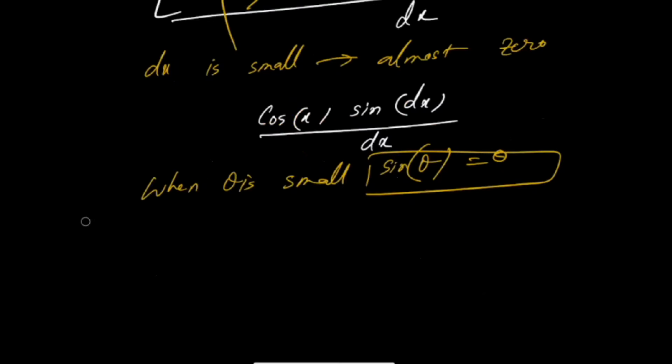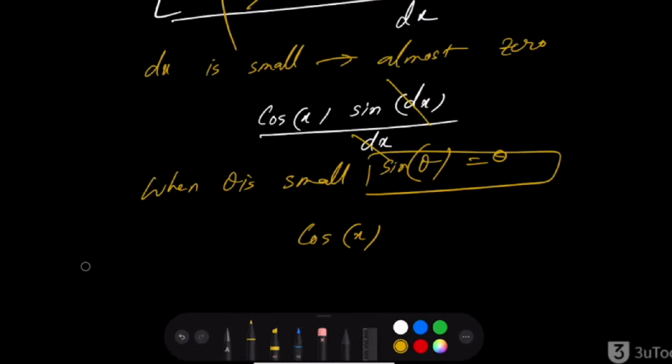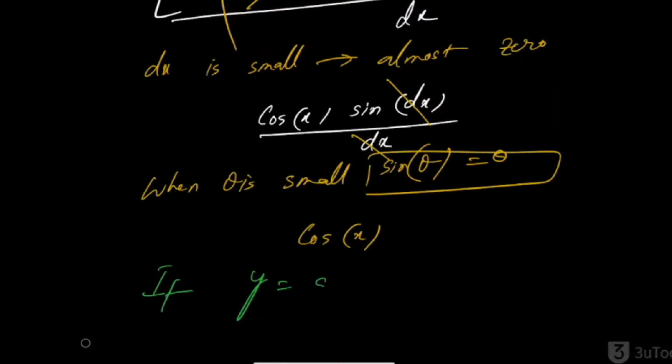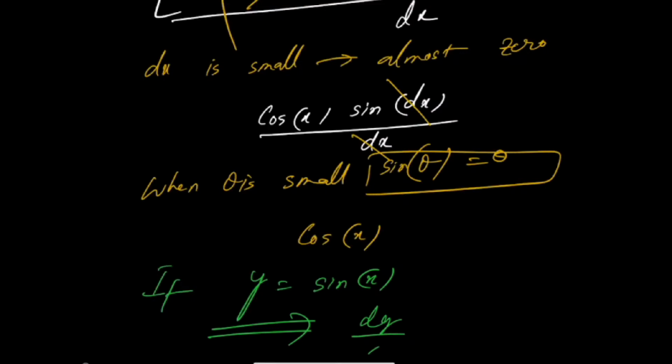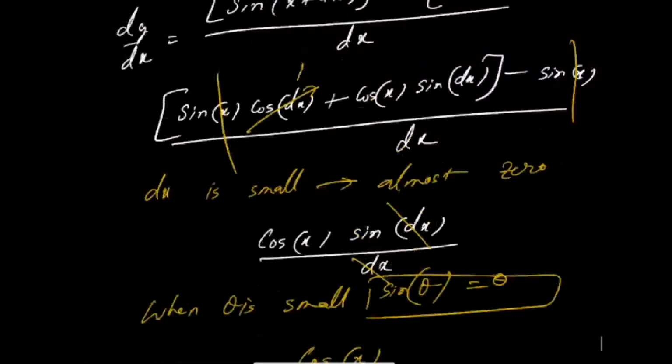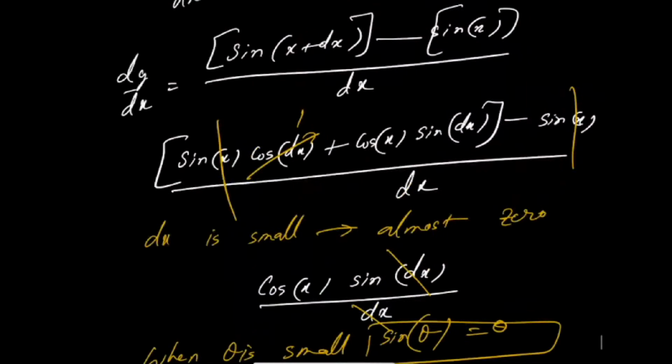So sin dx must be equal to dx. So this dx and dx will cancel, and what will remain? Cos x. So what was the question? If y was equal to sin x, implies dy by dx is equal to cos x. So the derivative of sin x is cos x. This is the derivation.